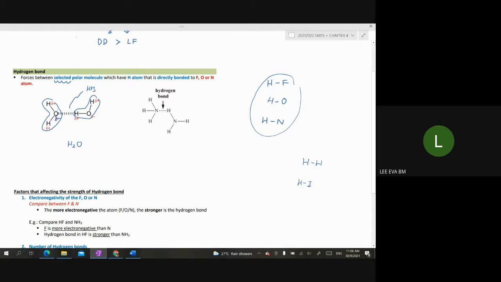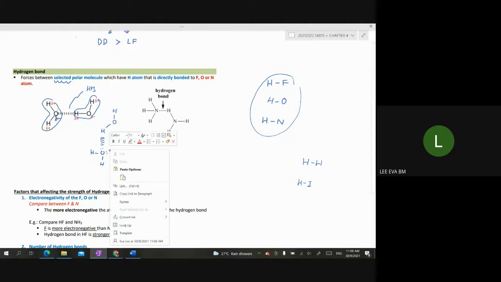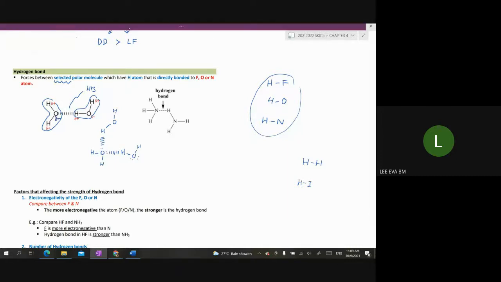If I draw another structure, H2O, we look at it like this, two lone pairs on top of the oxygen. If I want to make a complete hydrogen bond, we can make one hydrogen bond over here with one of the lone pairs, attracted to one of the hydrogens of another molecule. And this lone pair can also make a hydrogen bond with another hydrogen. You're focusing on the center here, but I highlight it for you to see.